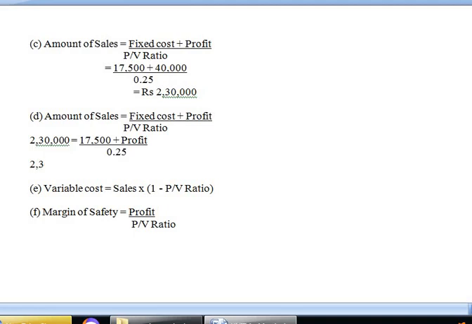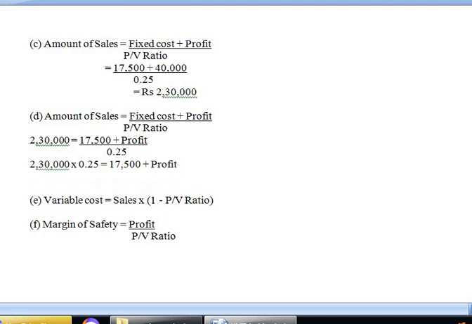Now same calculation, 2,30,000 into 0.25 is equal to 17,500 plus profit. Now this is 57,500 is equal to, you can guess like profit will be 40,000 only, but we have to show the calculation over here.